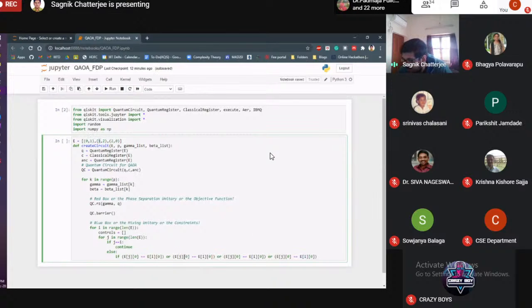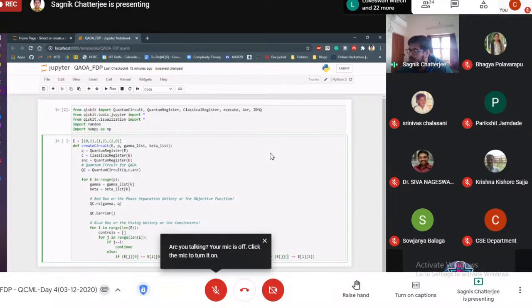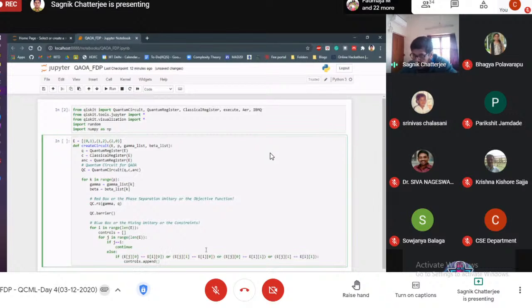So basically, we are checking the adjacencies in this graph. ej1 equal to ei0 or ej0 equal to ei1 or ej1 equal to ei1. So the four cases that we have. If so, we put this as a control: controls.append, we are putting the jth qubit as a control of the ith qubit. So controls.append qj.